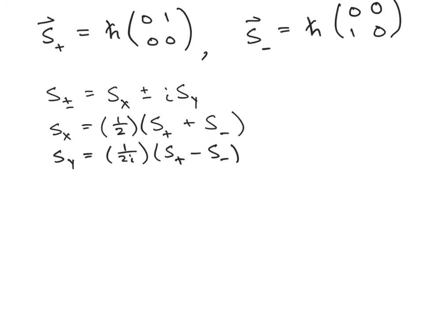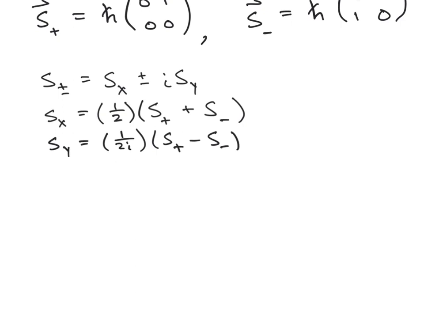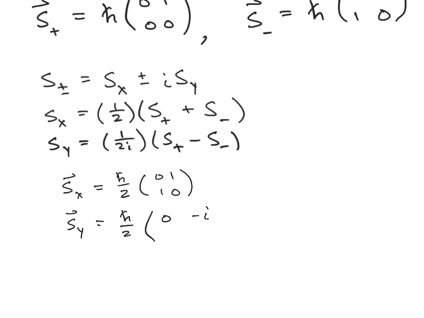And so that gets us to the point where we can say that our x operator is h bar over 2 times 0, 1, 1, 0, and our y is going to be this 2 by 2 matrix of h bar over 2, where we've got a 0, a negative i, i, and 0.